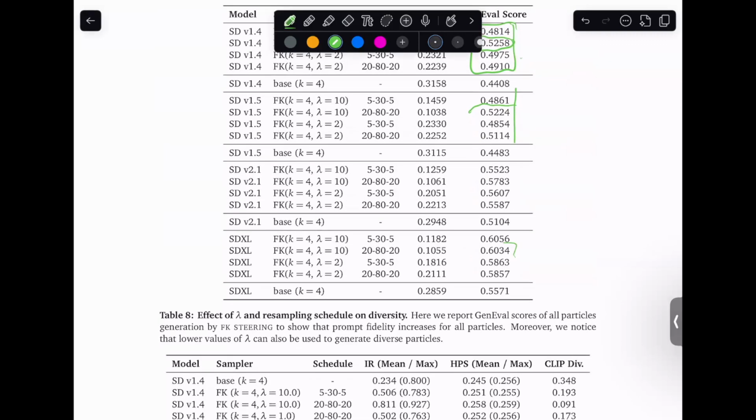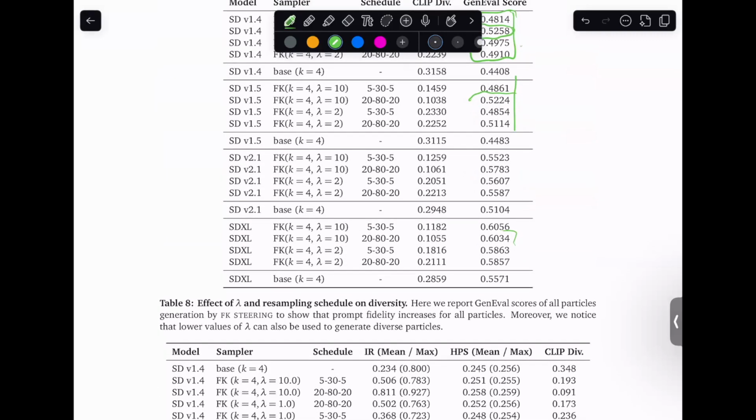I found that it is because of the lambda choices. So sometimes the lambda is a little higher or lower for the method, and then it will converge to best of n or converge to a very greedy selection.